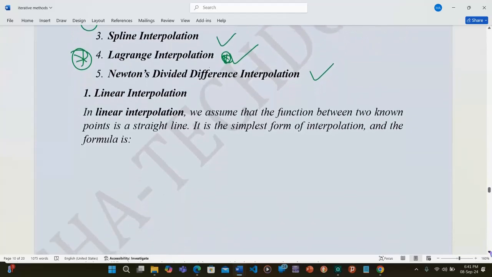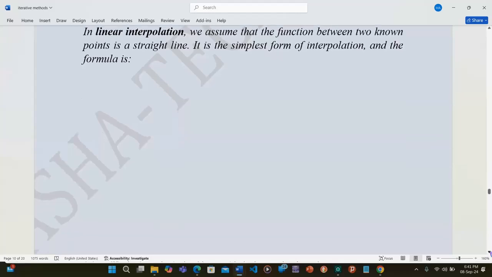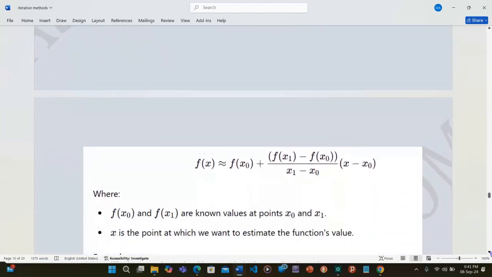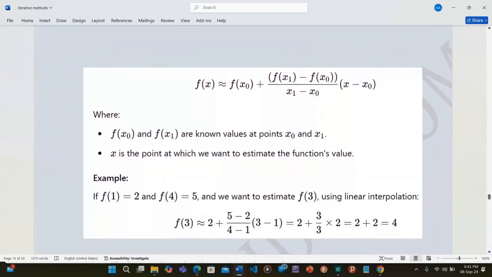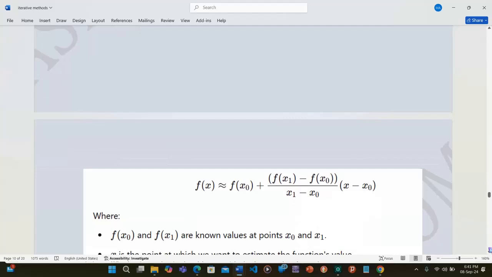So linear interpolation, we assume that the function between the two known points is a straight line and is the simplest form of interpolation, like we have demonstrated up there. And therefore, you can see it's giving us a formula. So we could be having at x0, the value of the function is f of x0.